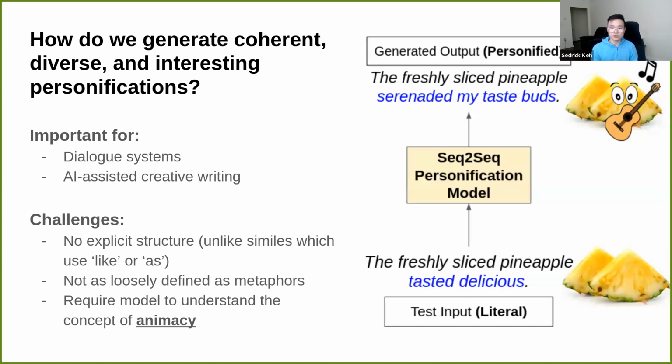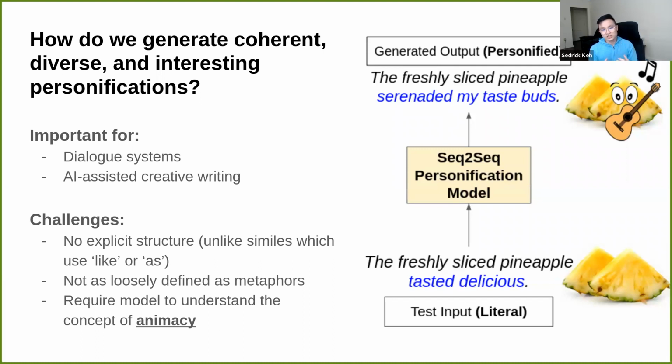So an example is shown here at the right, where it says the freshly sliced pineapple serenaded my taste buds. Pineapple here is an inanimate object, and the verb serenaded is something that is distinctly human. So this is an example of a personification.